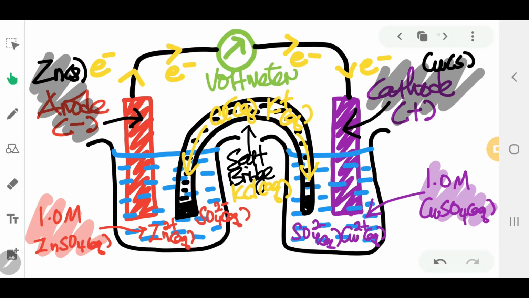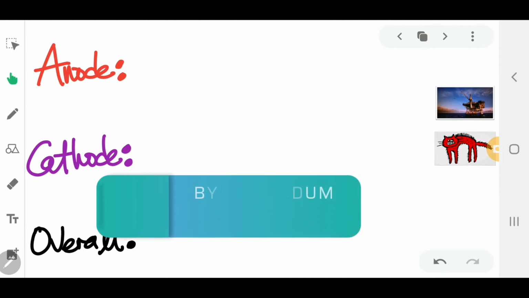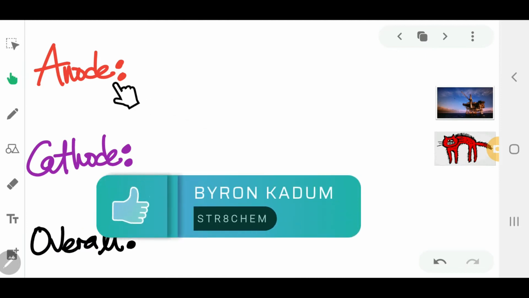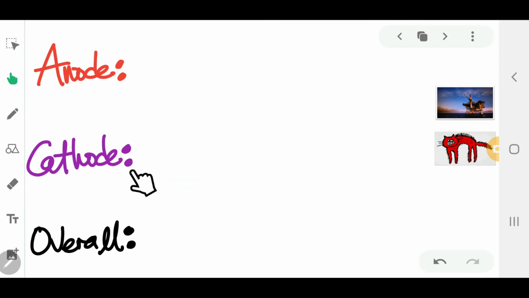To do that, first of all, you need to think about writing the anode, cathode, and overall at the bottom of the anode and cathode. And think about the mnemonic that we looked at in the previous video when we learned how to draw a galvanic cell.